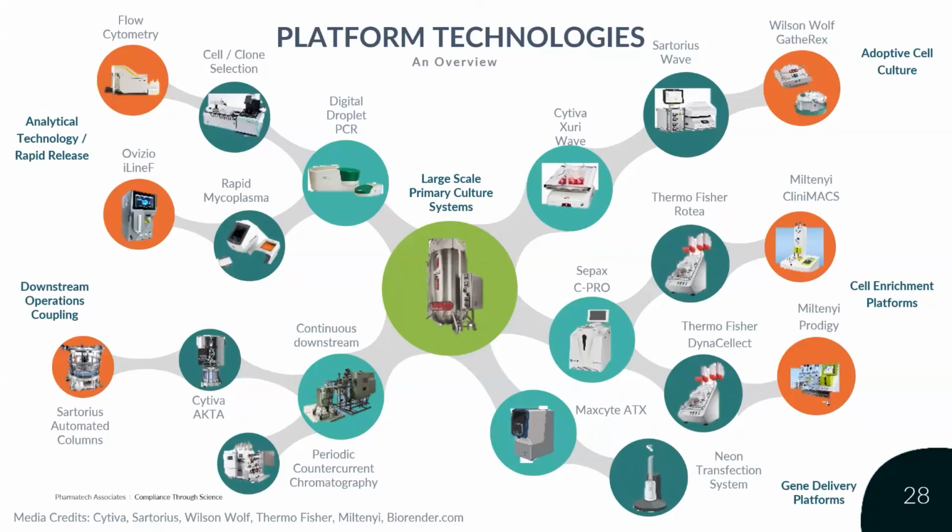And then one thing I've mentioned that can directly lead to more rapid release times in your analytical process are all these other technologies that have come up. So ddPCR to do phenotyping is very fast. Rapid Myco, like I said, compared to 21 days is almost cut by 90%. And then you can also do inline cell measurement with a Visio, iLine F. So all these technologies can go a long way towards giving you better data sets, better characterization, shorter turnaround times.